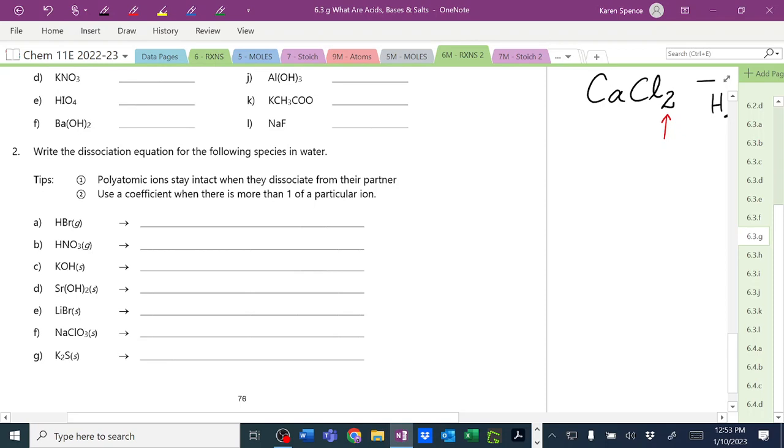Anytime anything dissolves in water, it is.